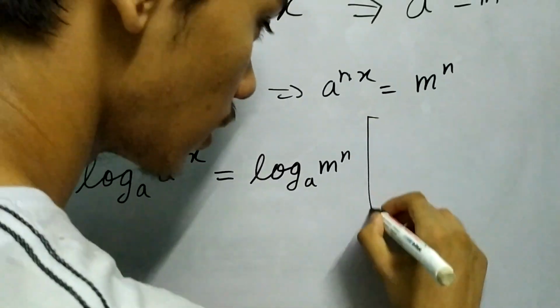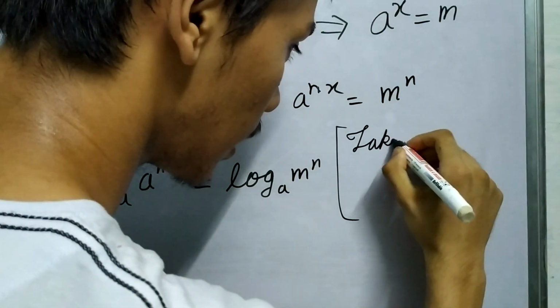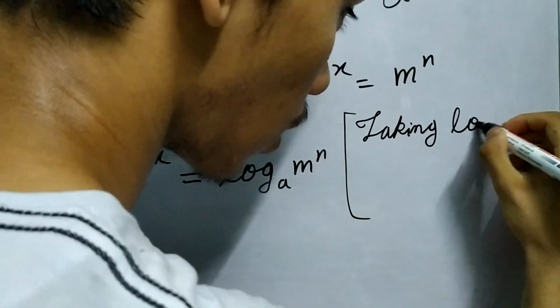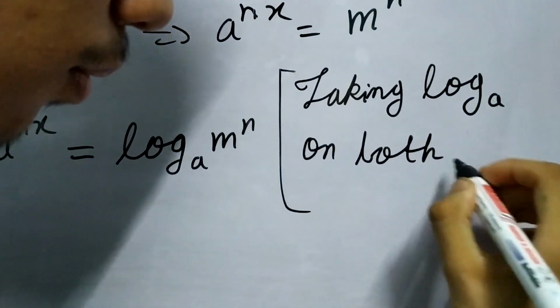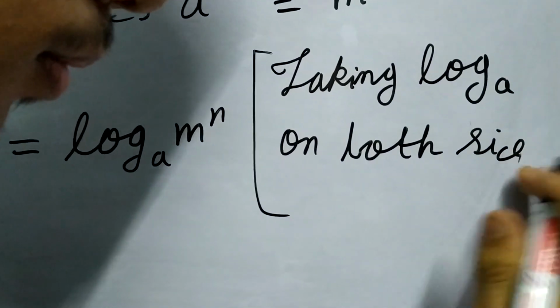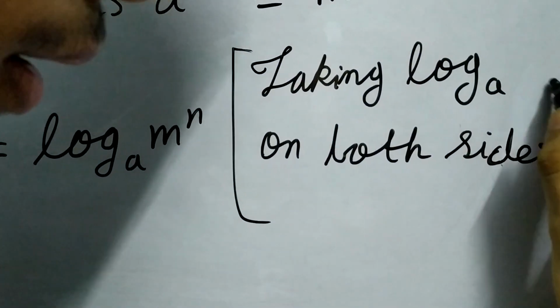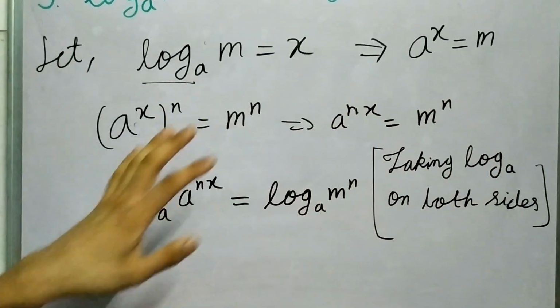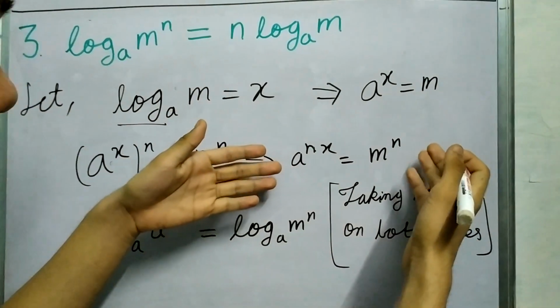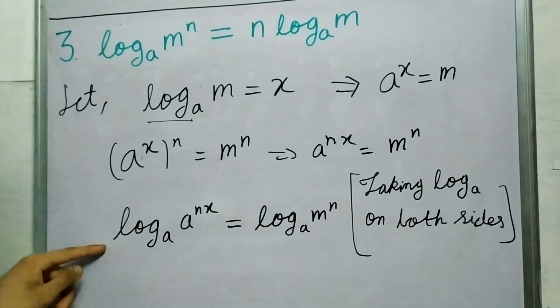Let me write this down. Taking log base a on both sides. This is a very important, crucial step in many equations: if you have some exponential, you take the log on both sides and then see what happens.